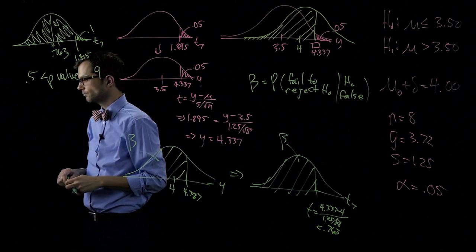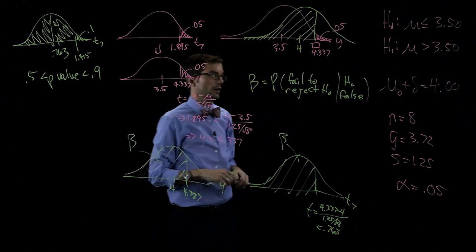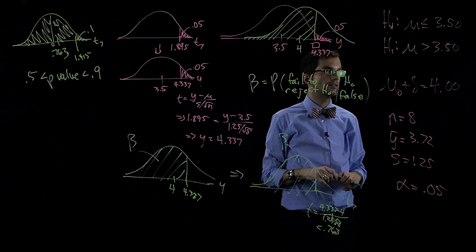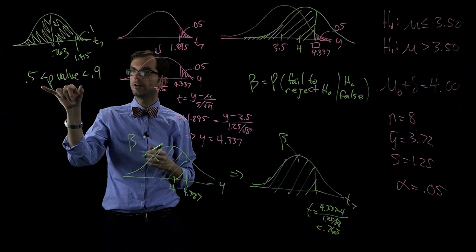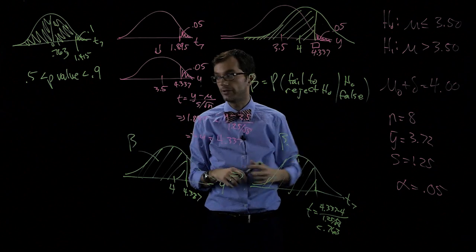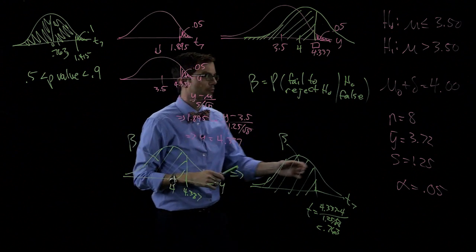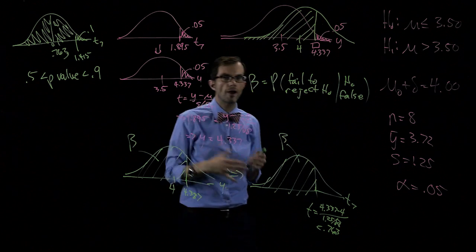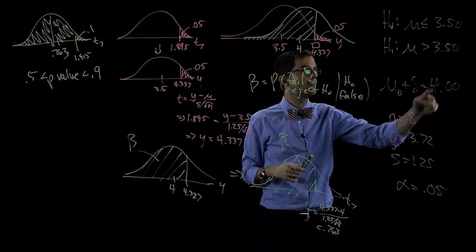That's a pretty high value. The probability that we fail to reject the null when the mean is actually 4 is very high. And why is that? Well, we have a pretty large standard deviation. We're probably not going to be able to detect a shift between 3.5 and 4.